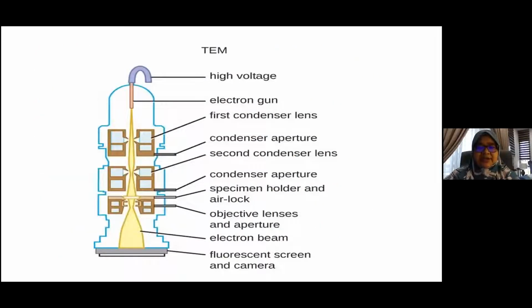Yes, so just a very quick introduction to the machine itself. It's a high voltage machine. The electron gun beams the electrons, which go through various levels of the equipment, and will then project the image on the fluorescent screen in the camera.